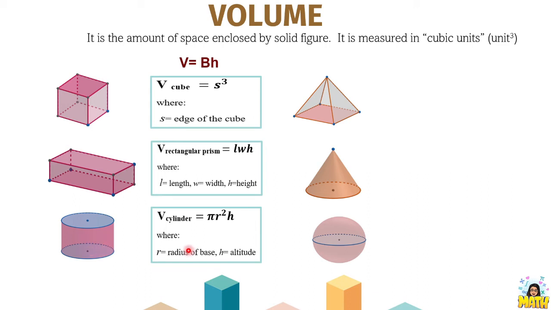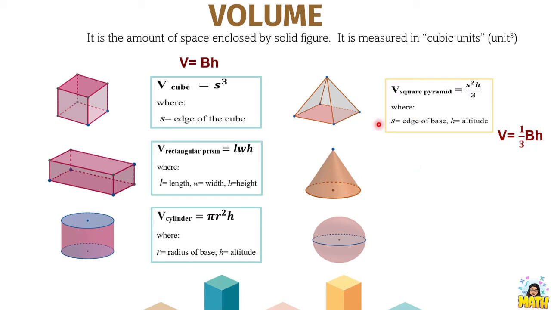While for the cylinder, which has a circle base, we still need to multiply it to its height. That's why we have the formula pi r squared h, where r is the radius of the base and h is the altitude of this cylinder. For pyramid and cone, we put here 1/3 because they only occupy 1/3 of the prism or the cylinder.